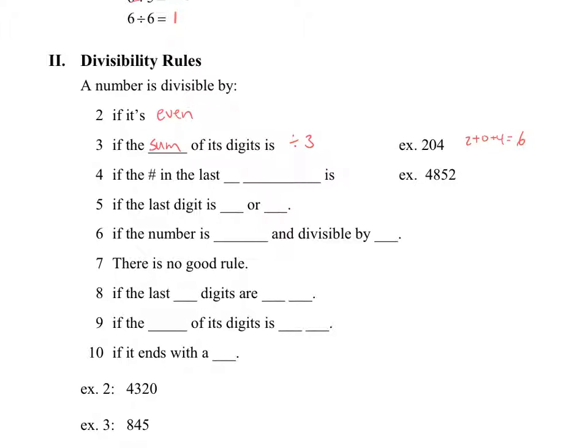Is 6 divisible by 3? So then 204 is divisible by 3. Slow down, I'm going to write this down. Because 6 is divisible by 3, and when you add all the digits up, 2 plus 0 plus 4 equals 6, then we know that 204 is also divisible by 3.